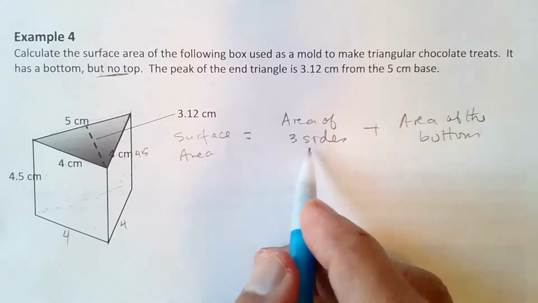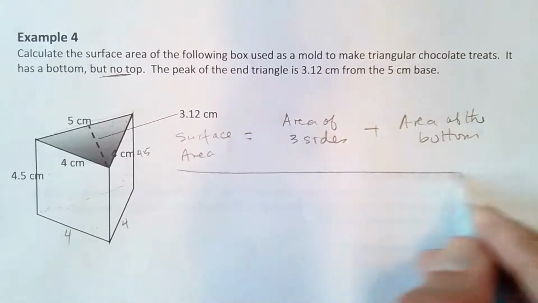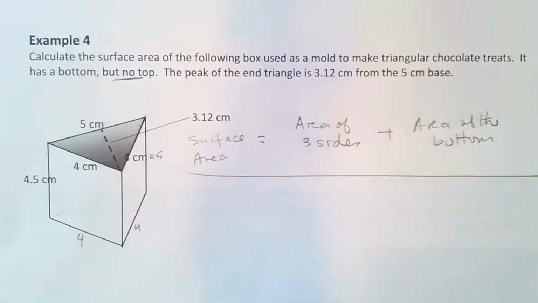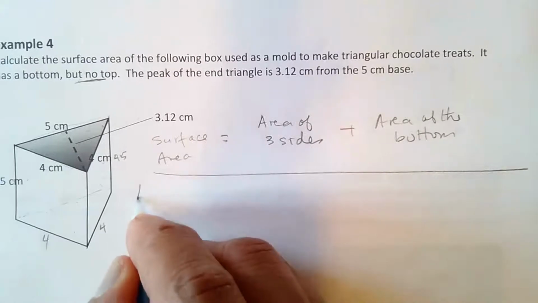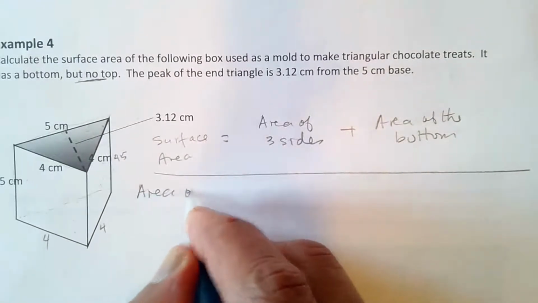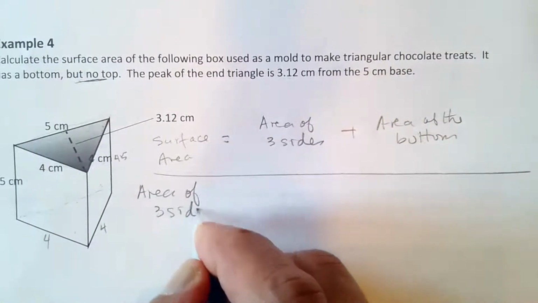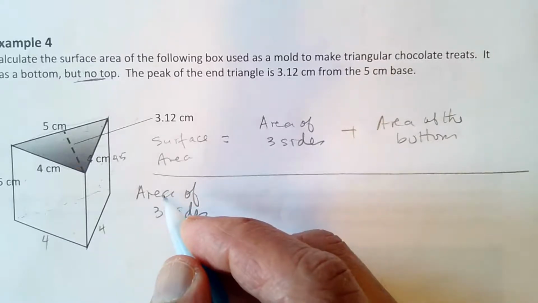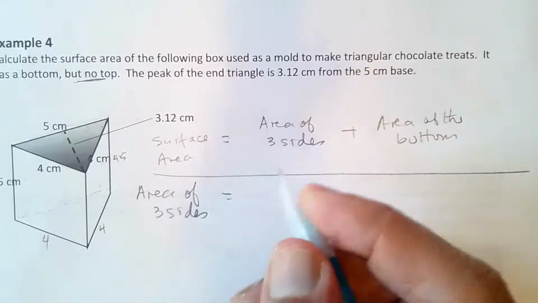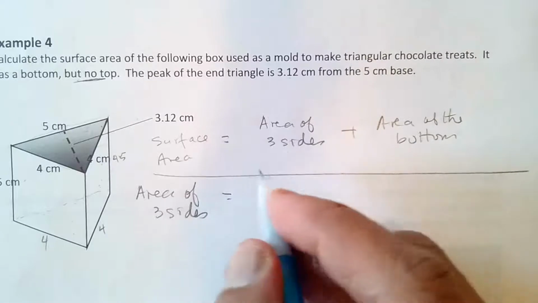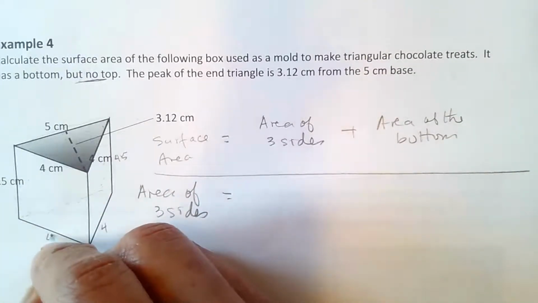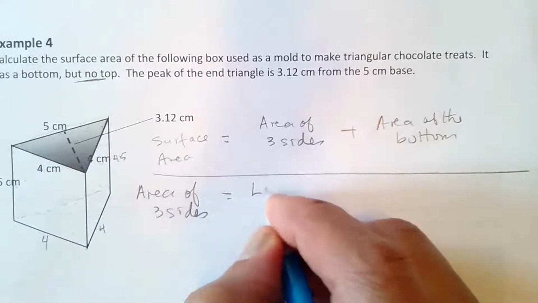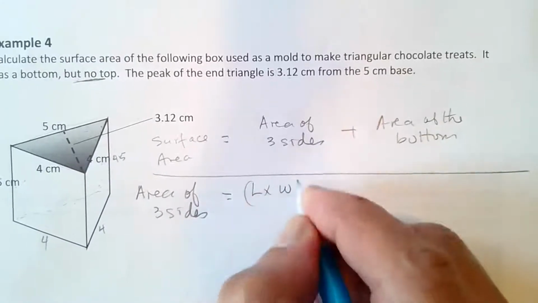Now, the area of the 3 sides, they're all rectangles, right? So it's length times width.